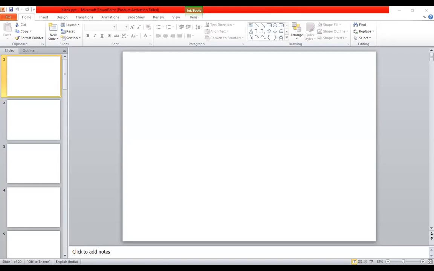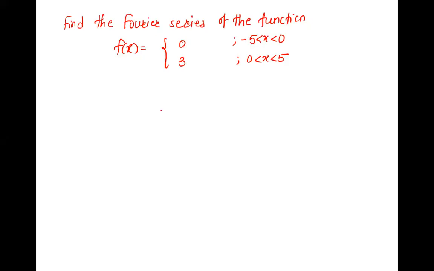Find the Fourier series of the function f of x is equal to 0 in minus 5 to 0 and 3 in 0 to 5, and the period is 10.